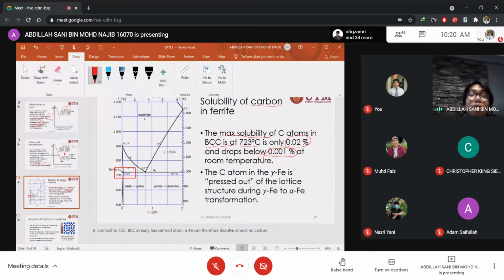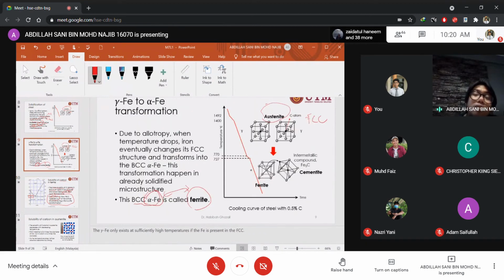So during the transformation, the carbon is pressed out from the lattice. You can see that in austenite, carbon has higher solubility and more space to get into the crystal structure. When it becomes BCC, it is squeezed out.